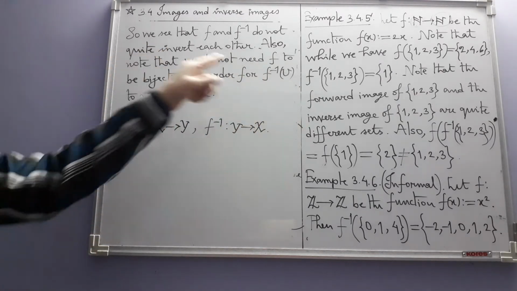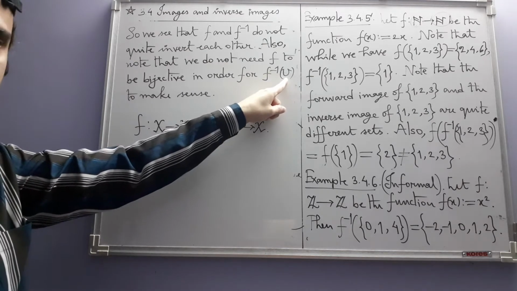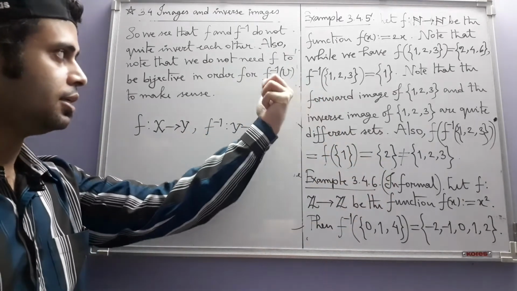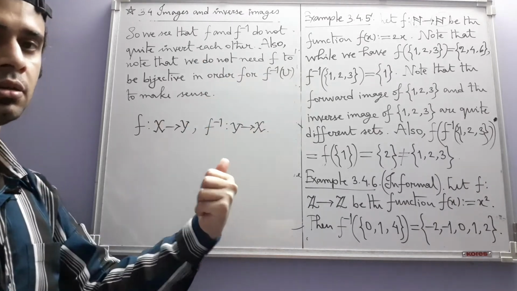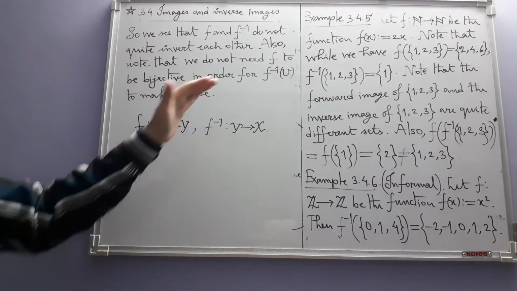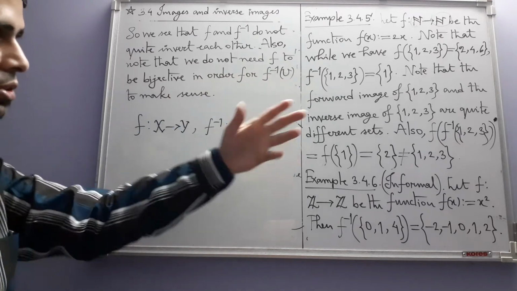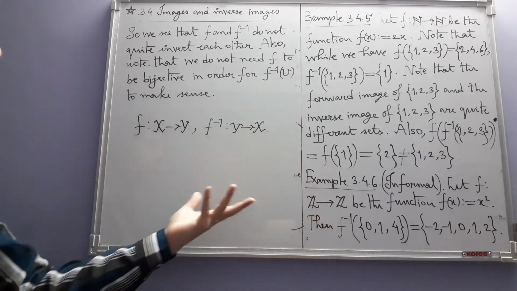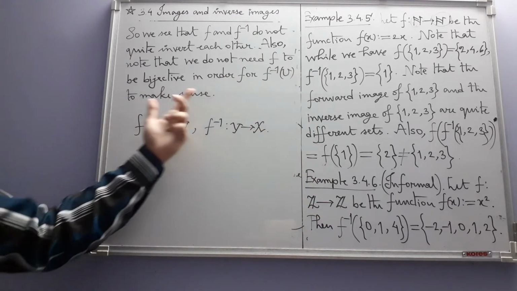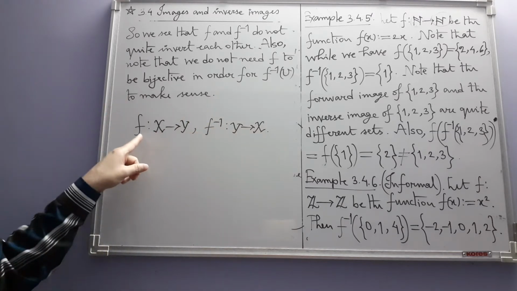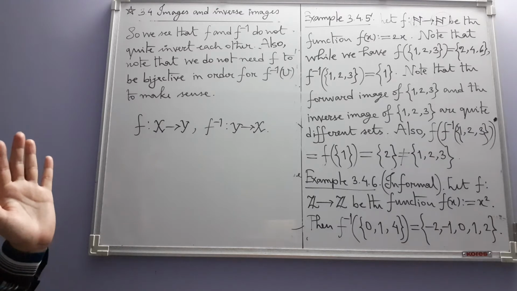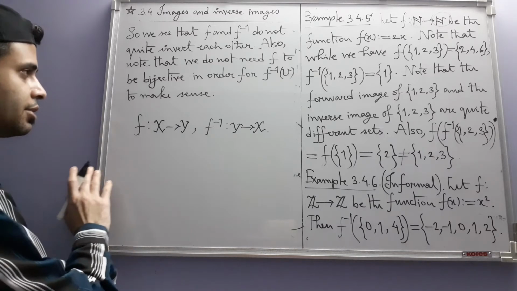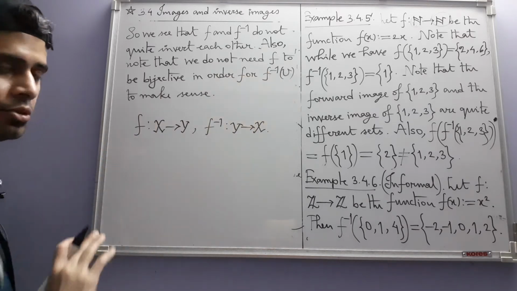No, the inverse image of a subset of the range is defined for any function, not just bijective functions. Its definition does not have anything to do with whether f is bijective or not. We don't need that. Even without having a bijective function, f inverse of U makes sense.